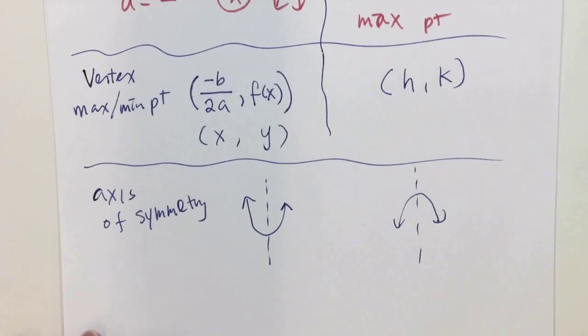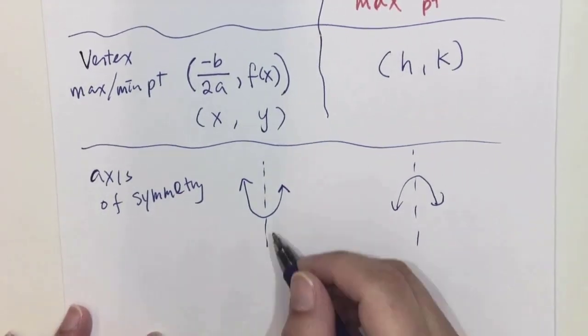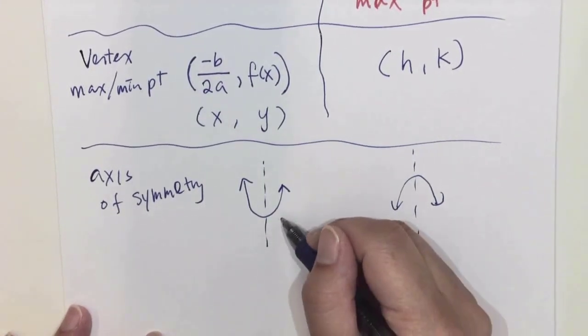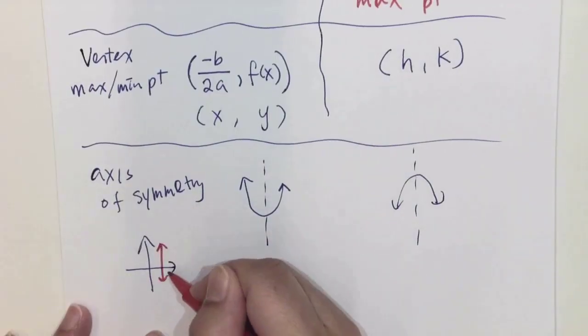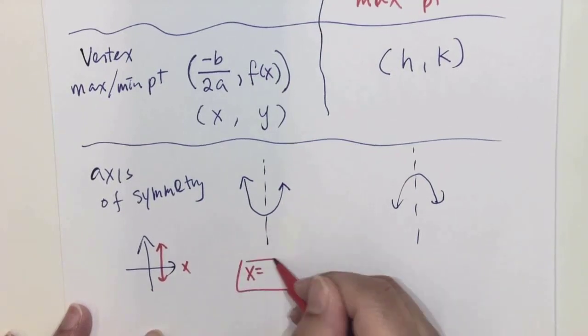So for a vertical line, should the equation start with x equal to a number or y equal to a number? A vertical line will cross the what axis? It's going to cross the x-axis. So it has to be x equal to something.